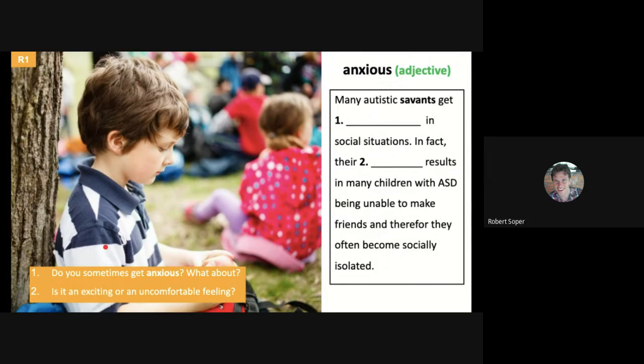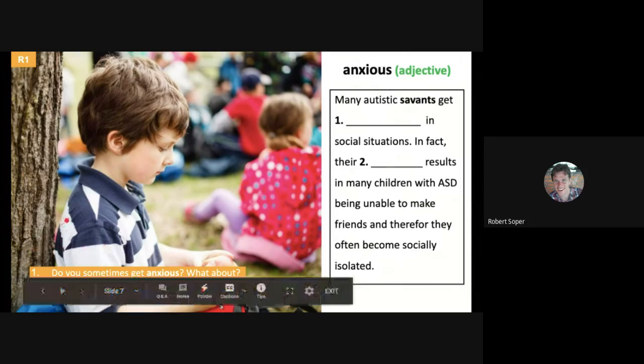Hopefully you came up with something that might be a little bit scary or intimidating. So sometimes we get anxious before we take a test or give a speech, because we find it to be a little bit scary.